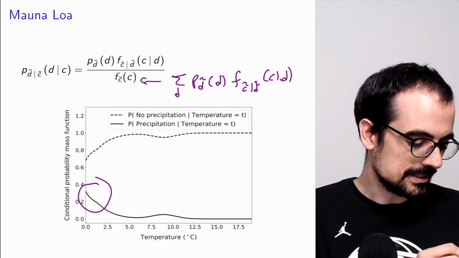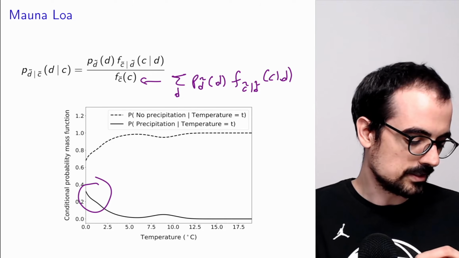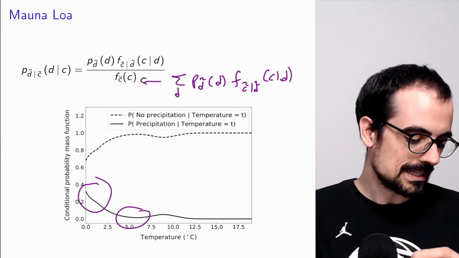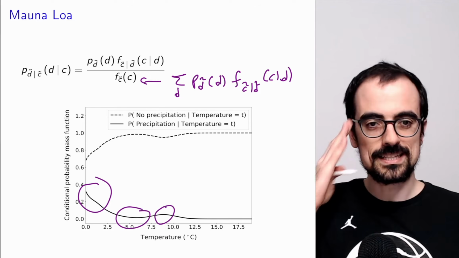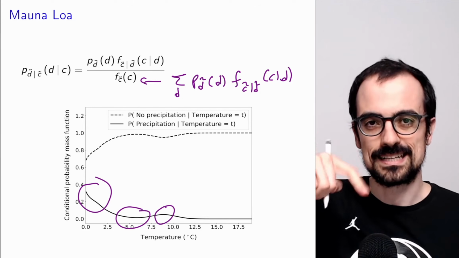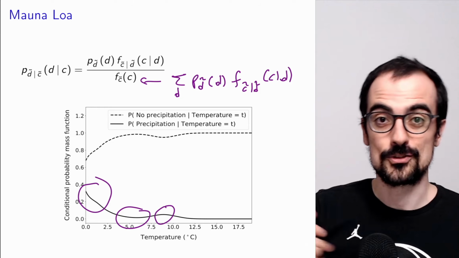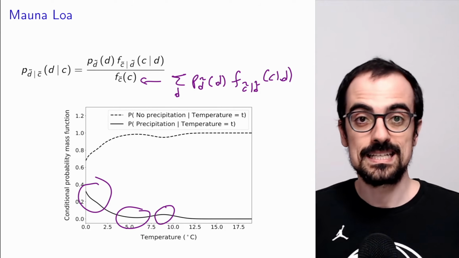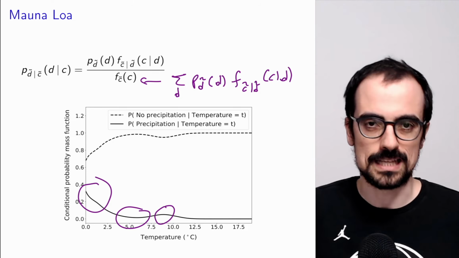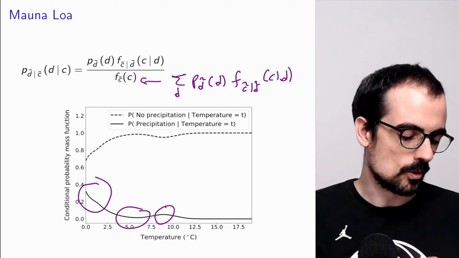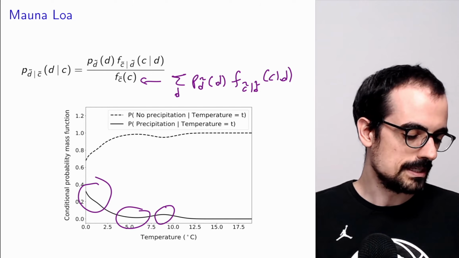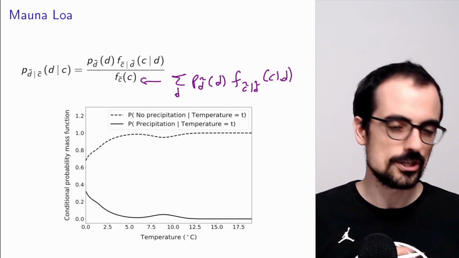Here, there's this interesting dip. It's quite low at around 5 degrees, and then a little bit higher when we approach 10 degrees, because remember that there we saw this bump in the conditional PDF given precipitation, but still most of the time there's no precipitation, and then it's really low again. So this answers the question of what is the probability of precipitation for different temperatures in Mauna Loa.